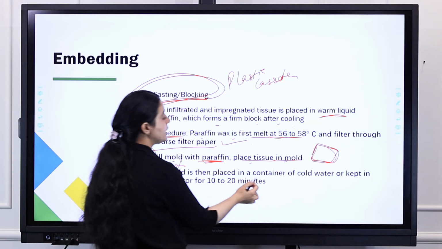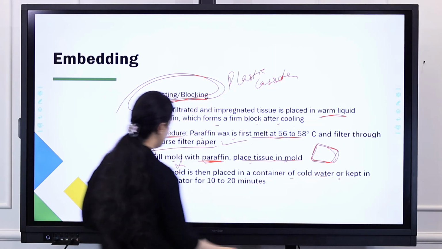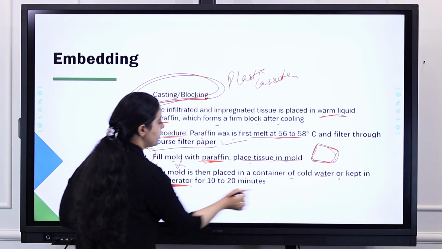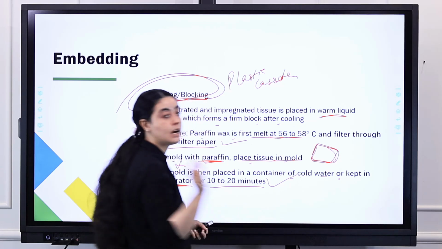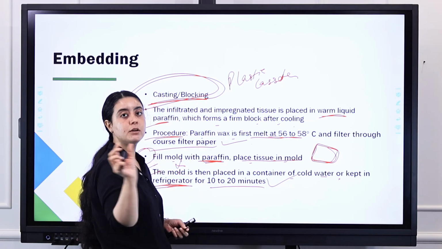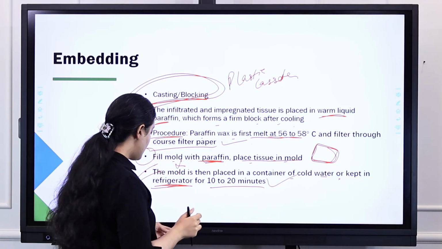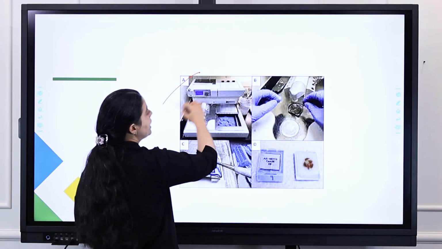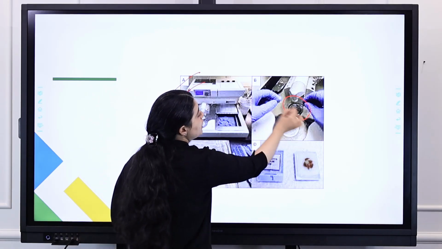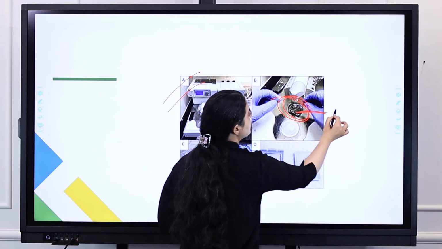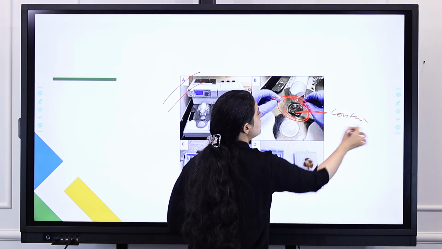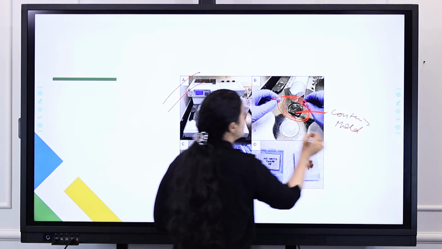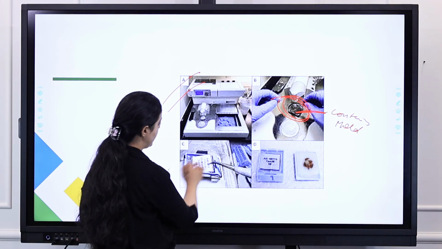The mold is then placed in a container of cold water or kept in a refrigerator for 10 to 20 minutes, so it becomes hard and becomes a permanent block, right? Now this is how we do embedding. This is again the microtome machine. See, this is the container, or mold, into which we fix our tissue, like this.